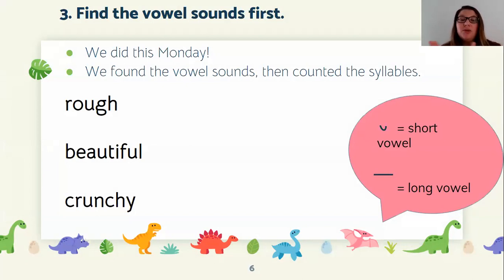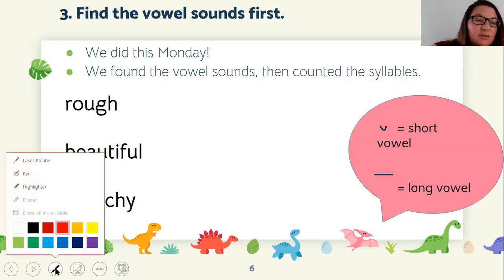Then we have the word beautiful. Beautiful, that's 3 syllables. If we sound out the sounds again, B-E-E, that's a long vowel sound. Because the E-A-U are attached, they go together, so we draw a line over the E-A-U. Let's do that right now so you can see it.